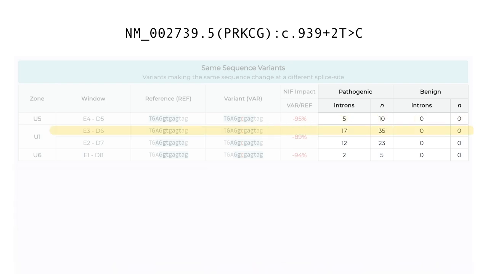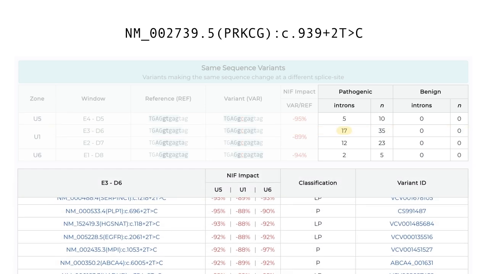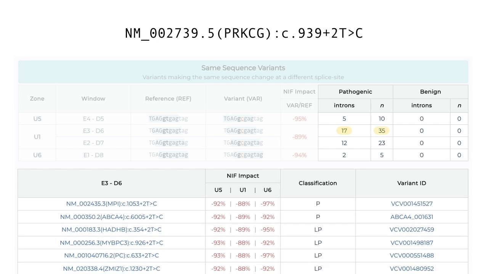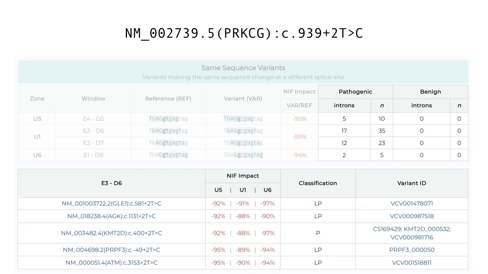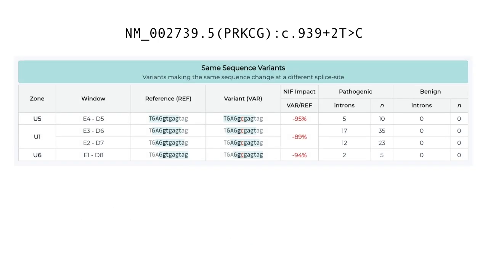For the E3 to D6 window, this exact same plus 2 substitution has been classified as pathogenic for 17 different introns, supported by 35 submissions, and never classified as benign. And so on for every window.